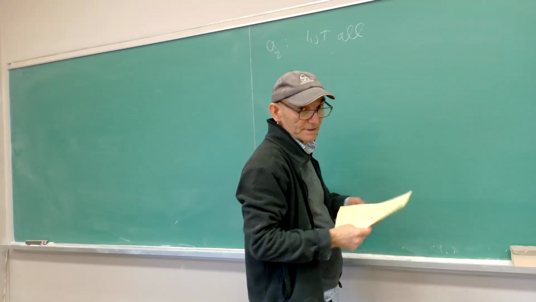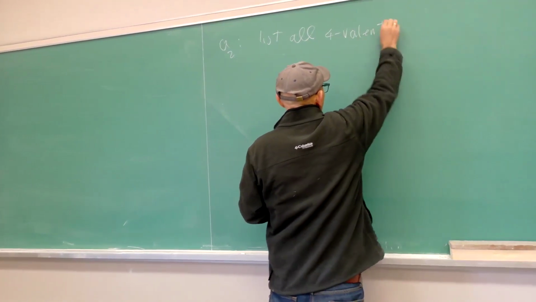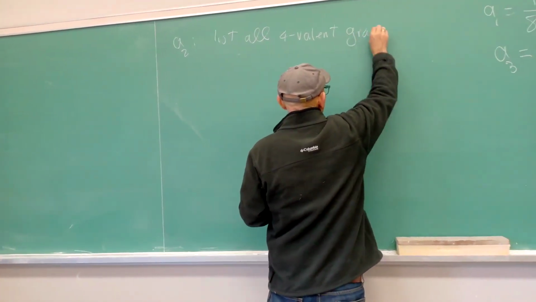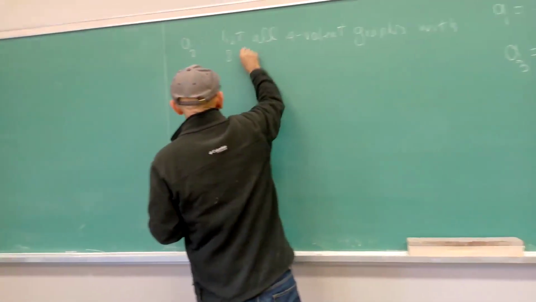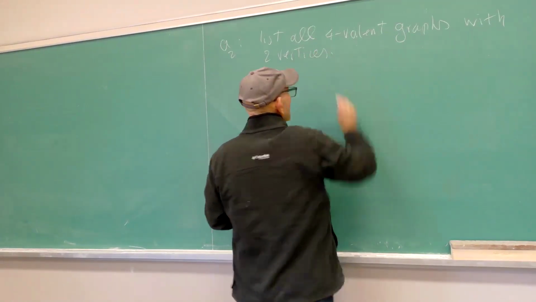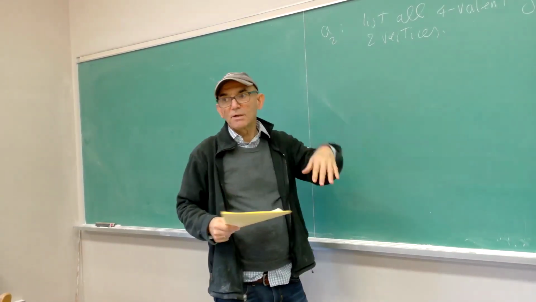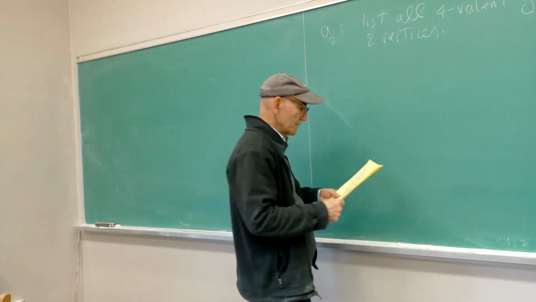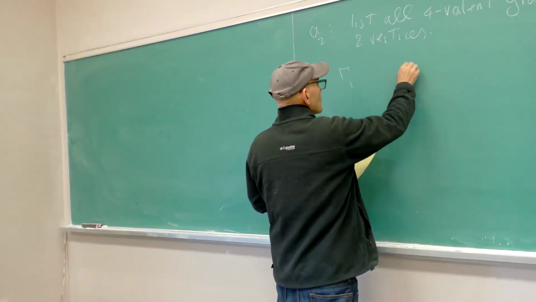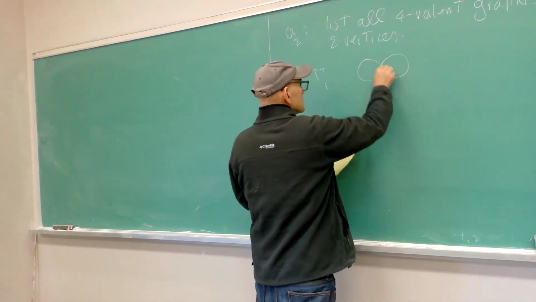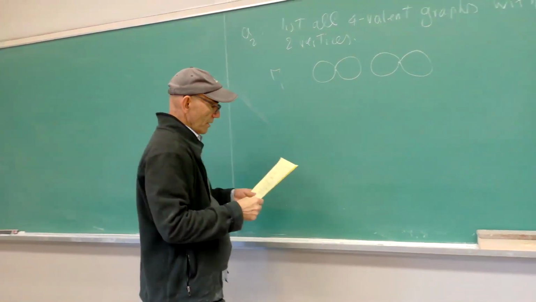4-valent graphs with 2 vertices. First of all, there are those which are connected and disconnected. Let me list the disconnected ones first. So there is this gamma 1, for example, which is this one. There are 2 4-valent like that.